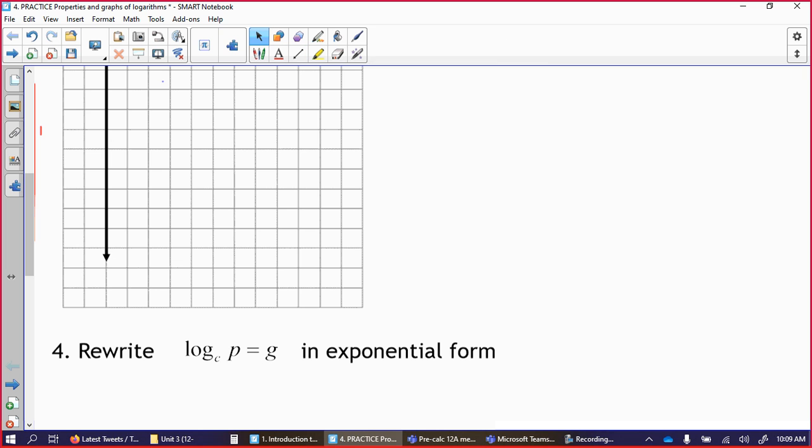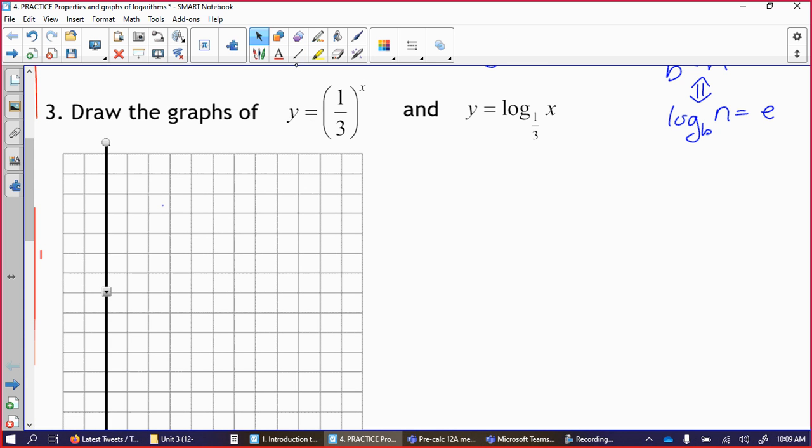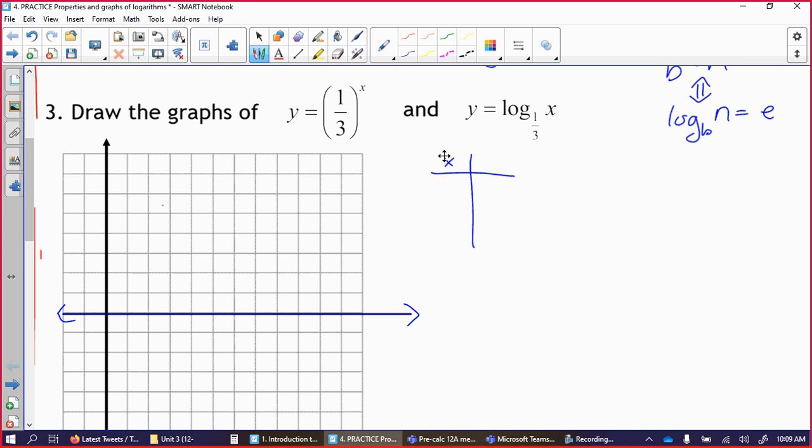Graphing 1/3. y equals (1/3)^x and log base 3 of x. Whoa. Ta-da. So negative 1, 0, 1. 1/3 to the negative 1 is 3. 1/3 to the 0 is 1.